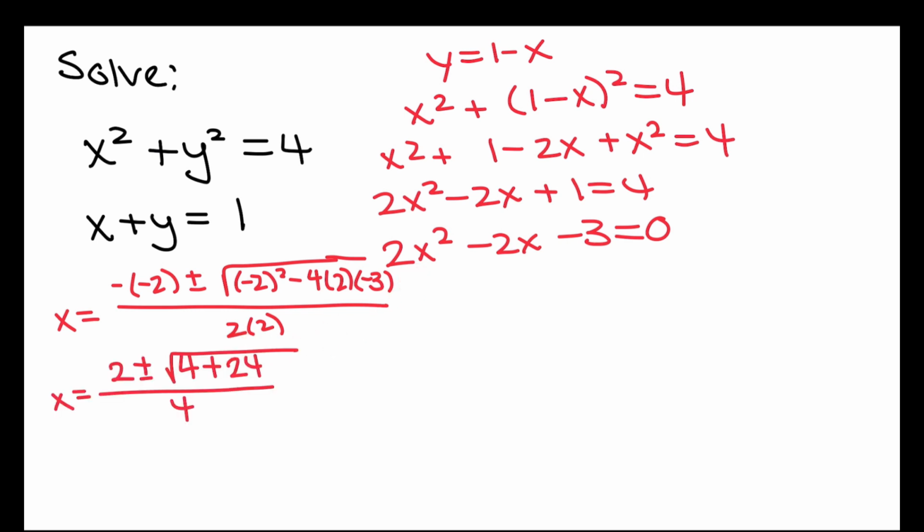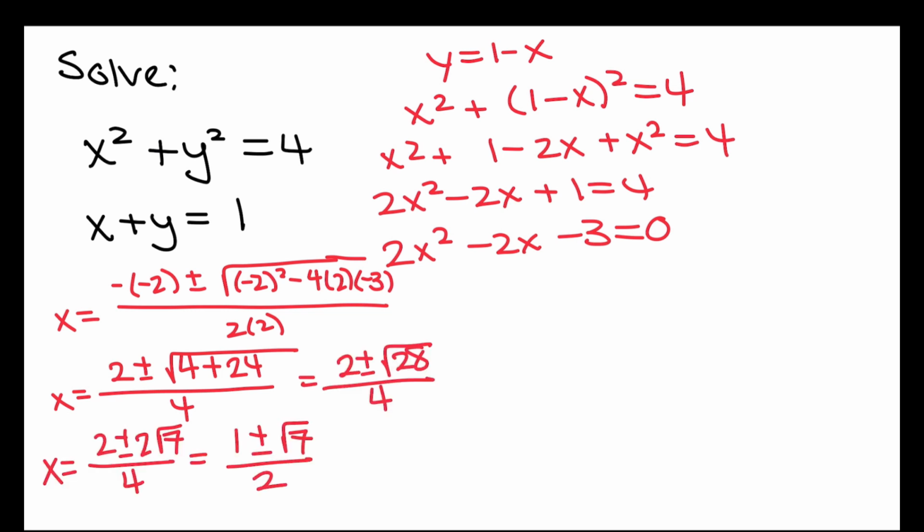That becomes positive 2 plus or minus the square root of 4 plus 24, all over 4, or 2 plus or minus the square root of 28 over 4. 28 is 4 times 7, and 4 is a perfect square. So we can write that as 2 plus or minus 2 root 7 over 4. And then we have a common factor of 2. We can reduce this down to 1 plus or minus root 7 over 2.